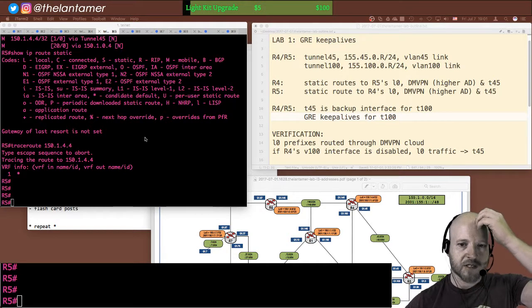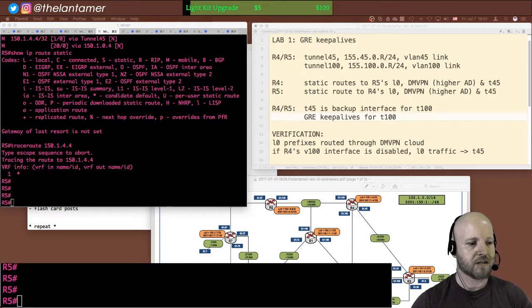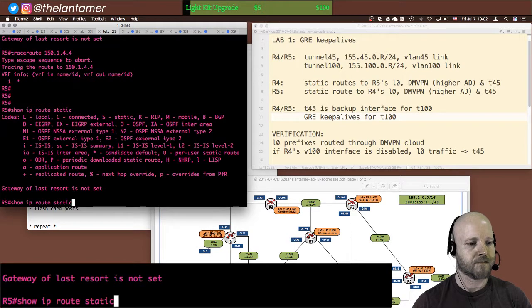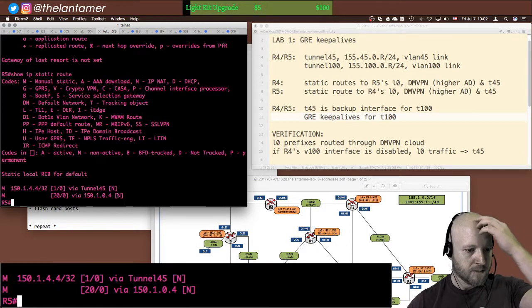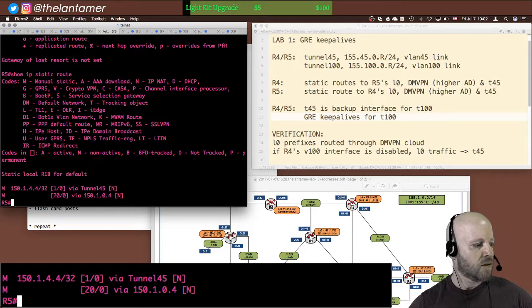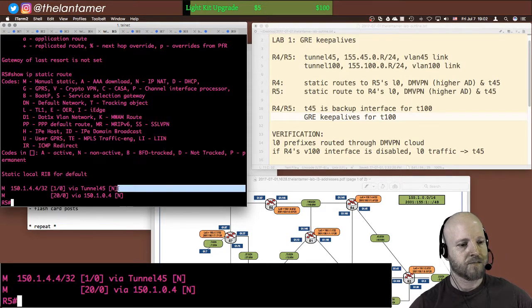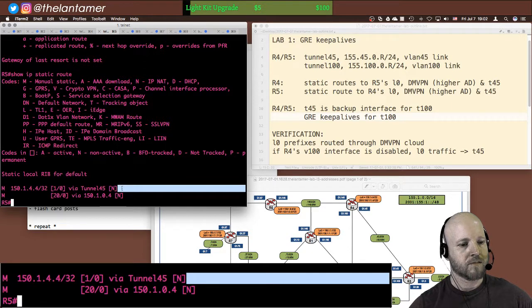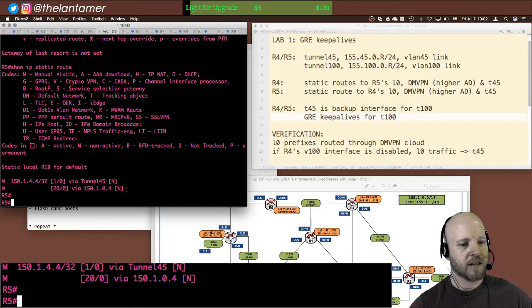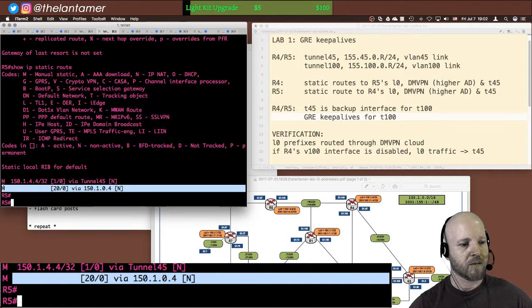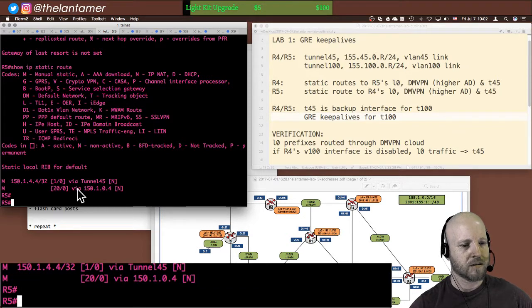So what's happened is because this is a higher administrative distance, the lower AD takes precedence. That's not how a floating route should work though. Why is this route not in the routing table?